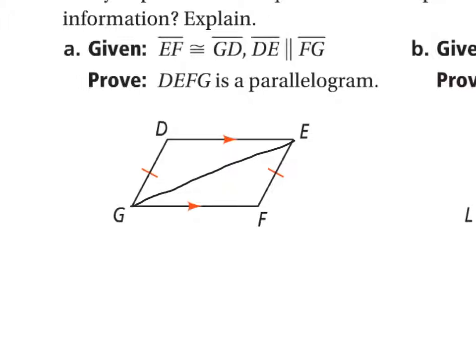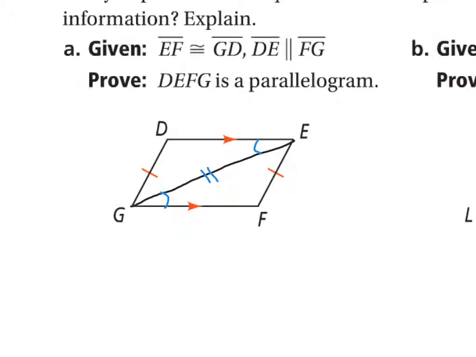So looking at this then, I drew in a diagonal. That allows me to say that this angle and this angle are congruent because they are alternate interior angles. I can also say that this side here, the diagonal I just drew, is congruent to itself by the reflexive property. Okay, wonderful.